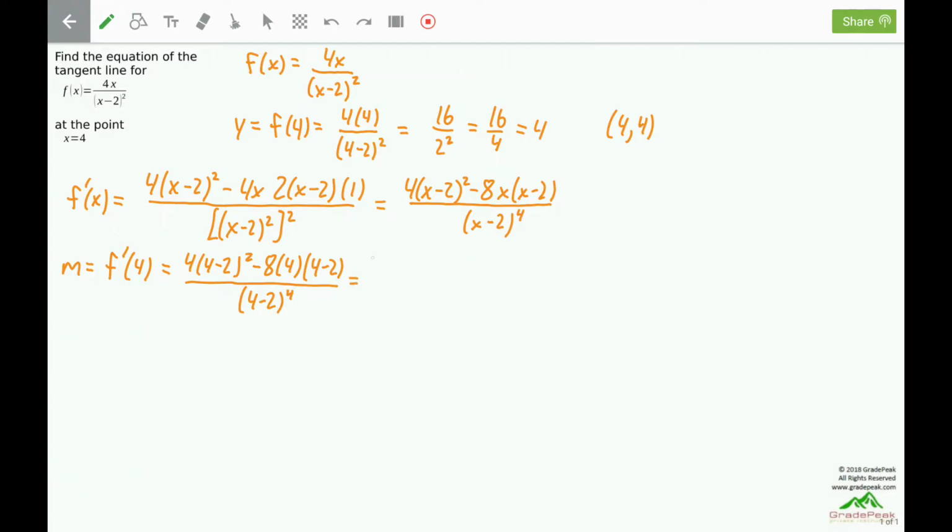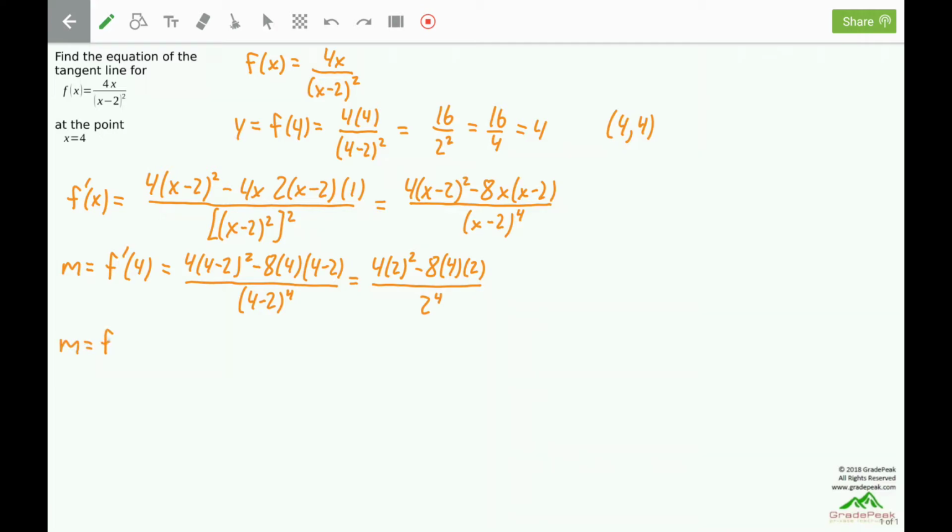So this will be 4 times 4 minus 2 is a 2, so 4 times 2 squared minus 8 times 4 times a 2. And then 4 minus 2 is 2 to the 4th.